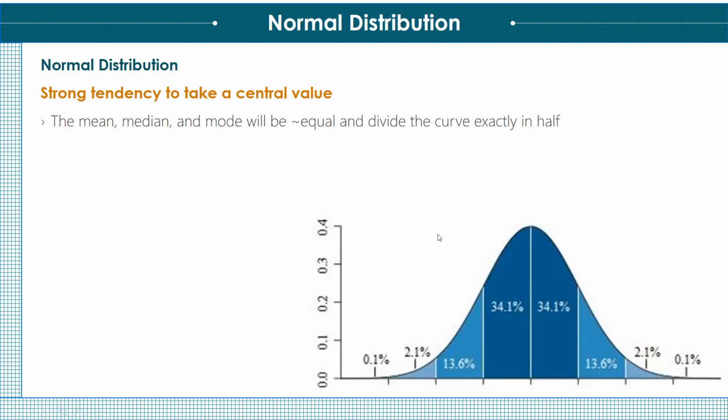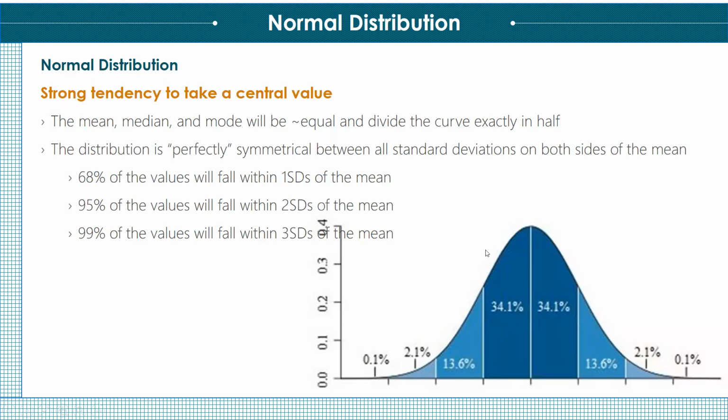So much so that the distribution is perfectly symmetrical or almost perfectly symmetrical, and all standard deviations on both sides of the mean are the same. So you will see that 68% of the values fall within one standard deviation of the mean, 95% of all observations fall within two standard deviations of the mean, and 99% of all your data fall within 3 standard deviations of the mean. So this is our normal distribution for which we'll apply our normal statistical inferential tests such as the t-test and the ANOVA.